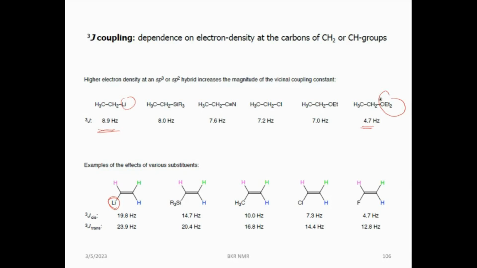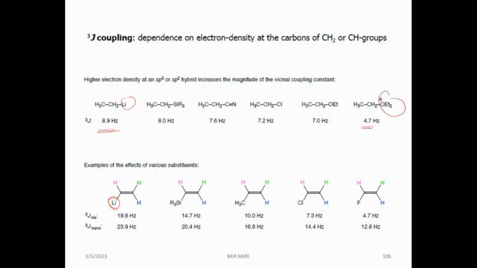Compared to this, you can see you have an electron withdrawing group, so you'll have a low value. When I have a lithium here, the cis coupling, these two, has a value of 19.8, whereas this trans coupling has a value of 23.9. Same here.